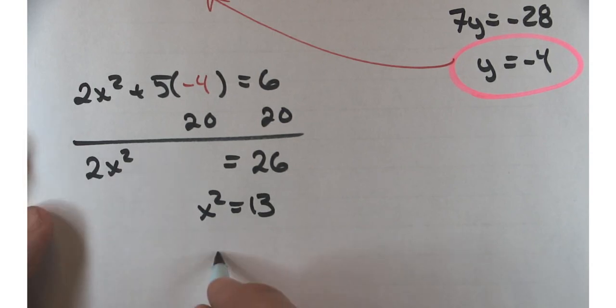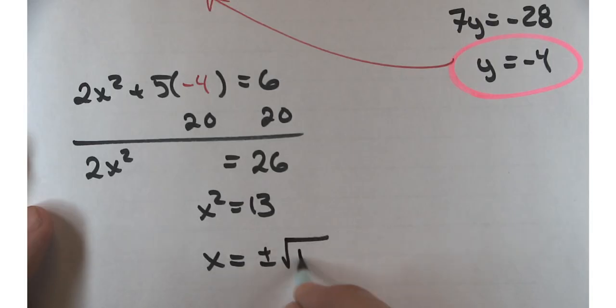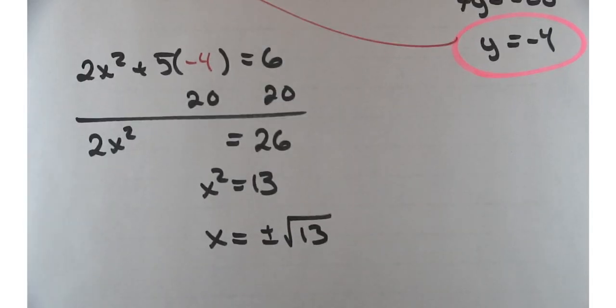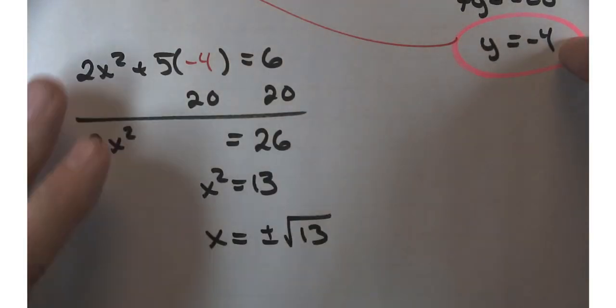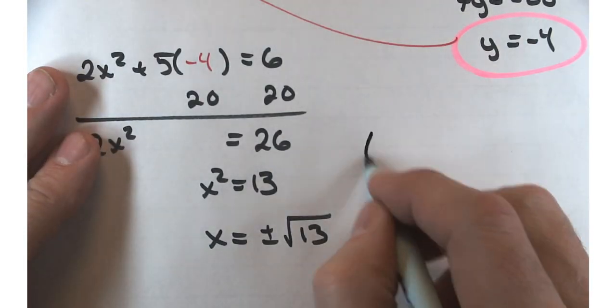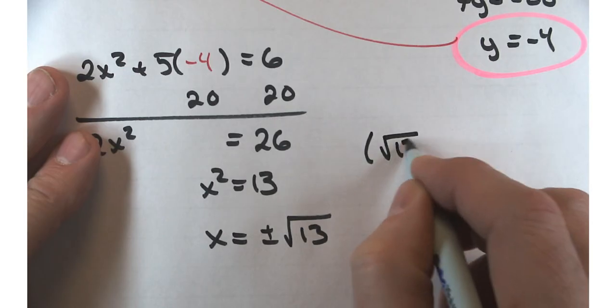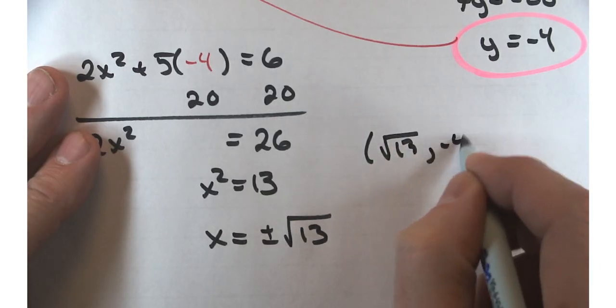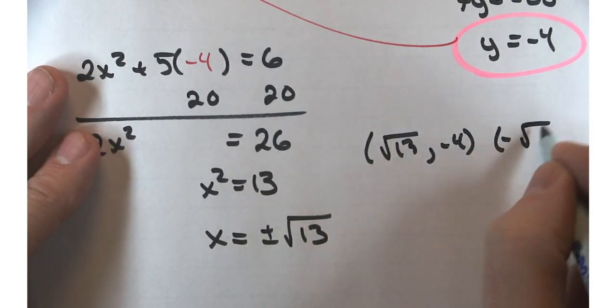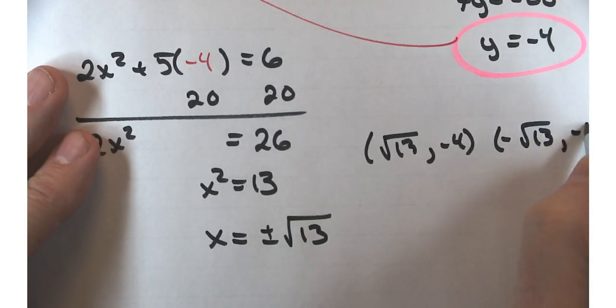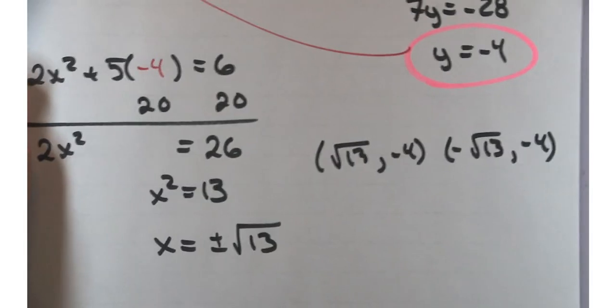Use the plus or minus. Oh, yeah, well done. Plus or minus square root of 13. So keep in mind, we got this when y was -4. So there's two possibilities. Either there's a square root of 13 and -4, or negative the square root of 13 and -4. Those are your two solutions.